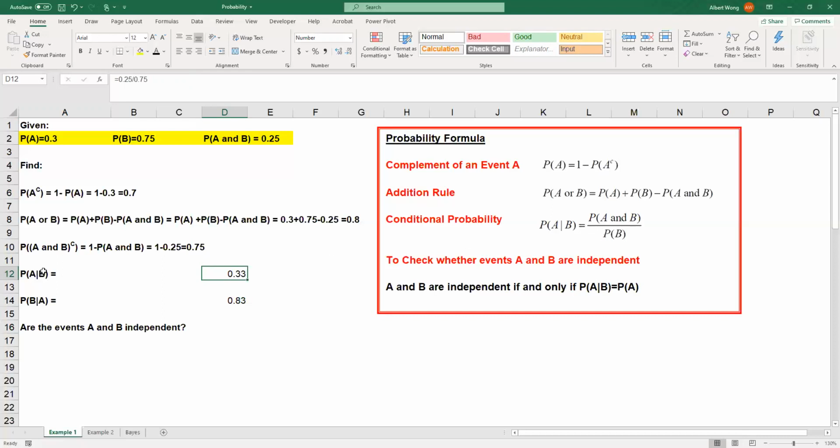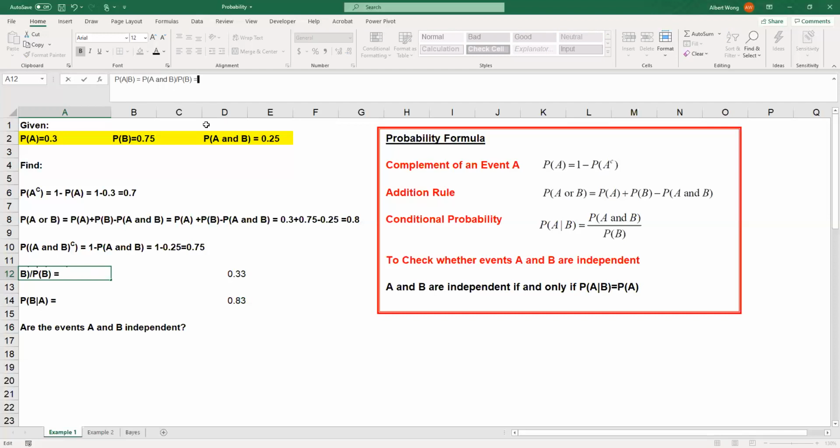So for us to calculate this, all we have to do is write this down. The probability of A given B is equal to the probability of A and B, as an event, divided by the probability of B, because B is the event given.